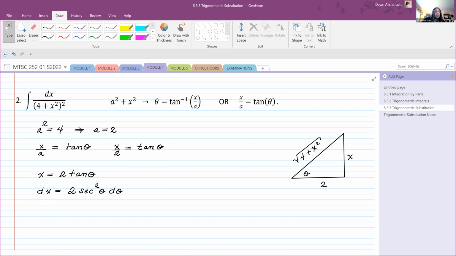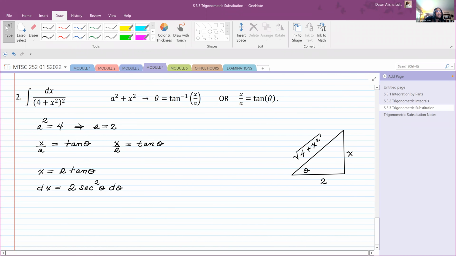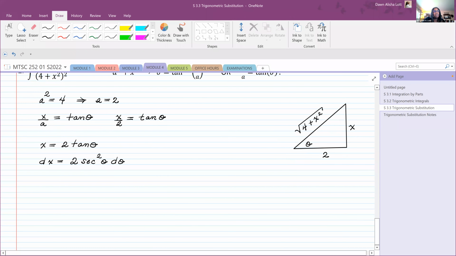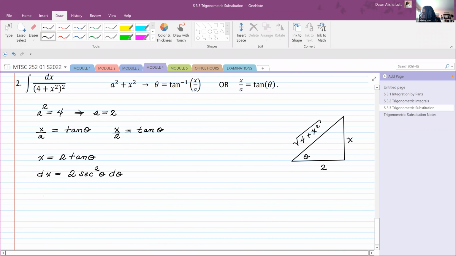What am I going to do now with this 4 plus x squared? Well, let's see what 4 plus x squared is. It happens to be 4 plus (2 times the tangent of theta) squared. So that's 4 plus 4 times the tangent squared of theta.